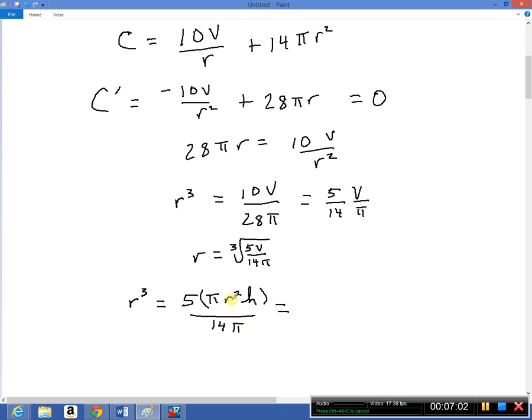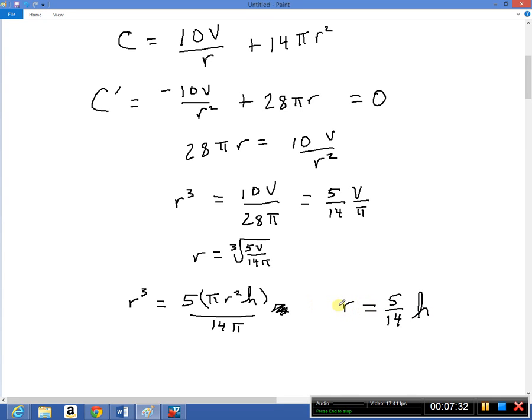And let's see, that should reduce nicely. We can divide both sides by r squared, and I'm going to end up with r equal to 5 over 14, and the pi's are gone, and the h is still there. So look at what this is telling us, that our radius is 5/14 times the height.